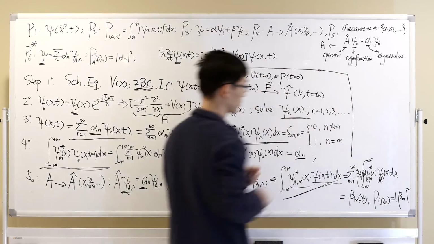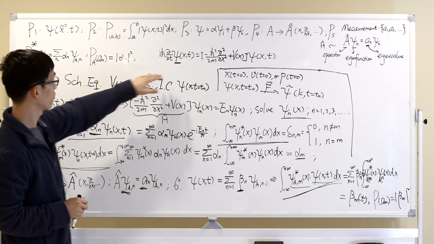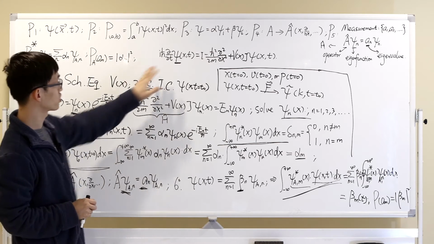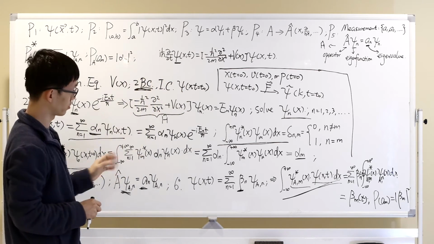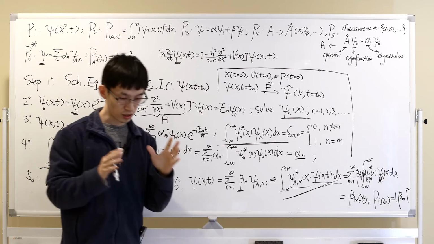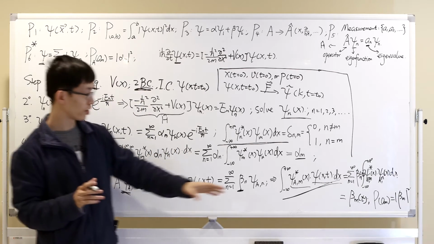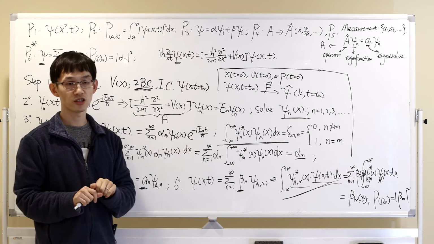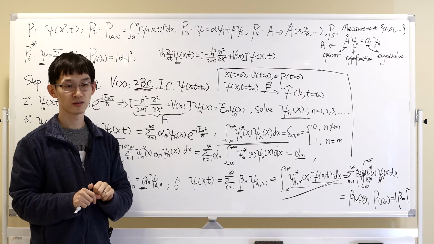You'll have your wave function solved by the Schrödinger equation and initial condition, boundary condition, right? So immediately after measurement of A, would the wave function change?